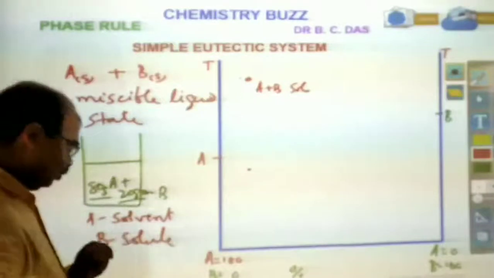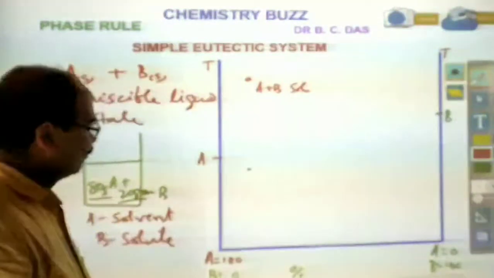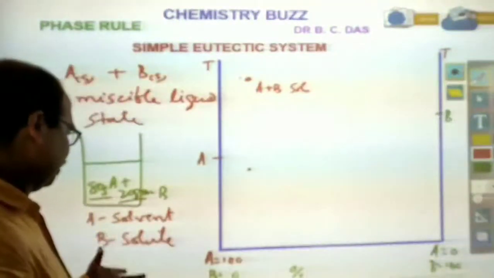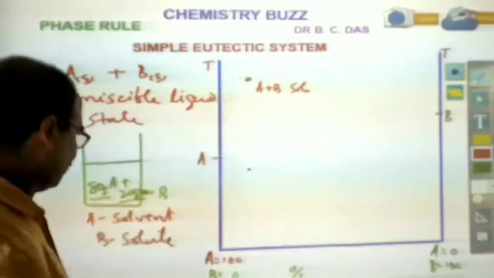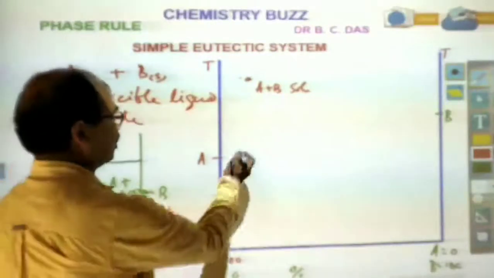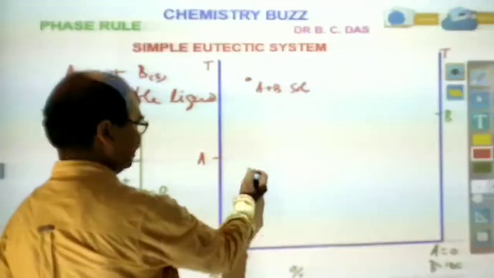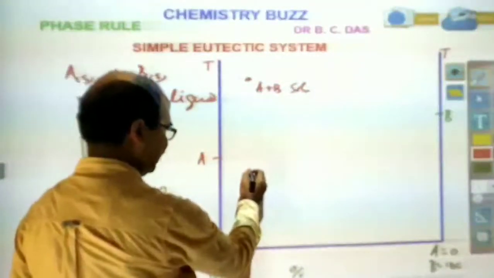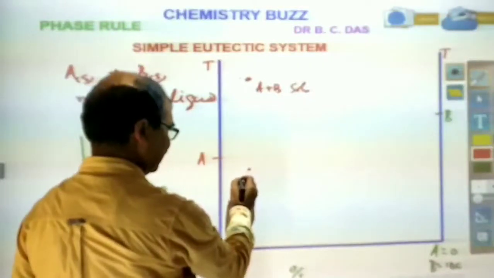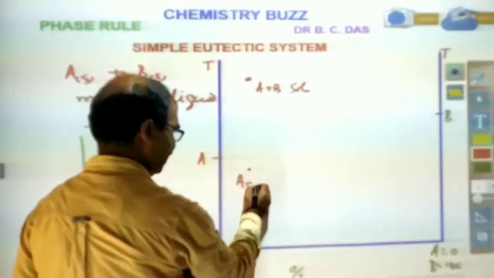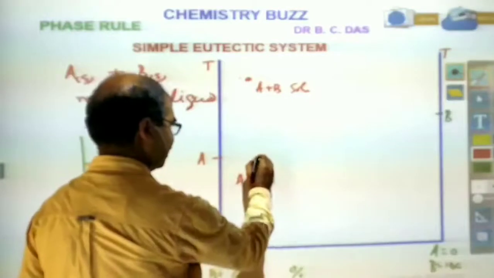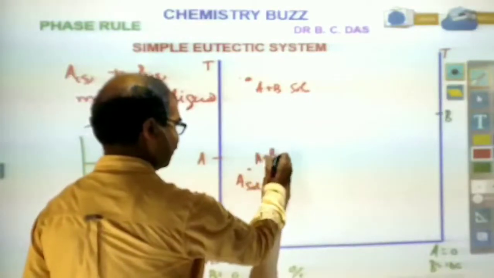And from the colligative property, the presence of impurities lowers the freezing point of the solvent. So due to the presence of the impurity, the freezing point of A is lower. So at this point we get solid A and A plus B solution.